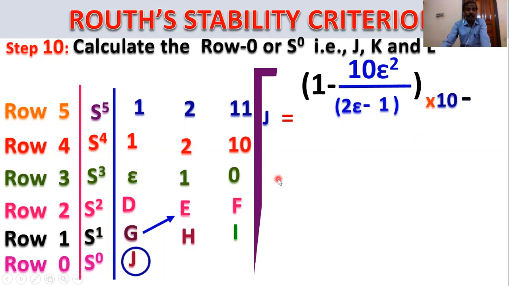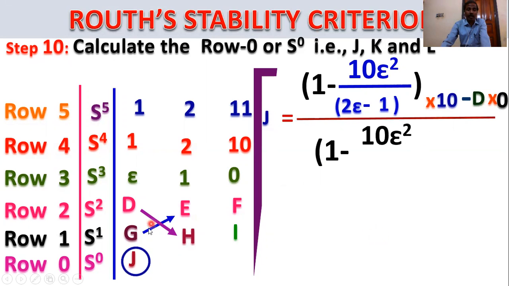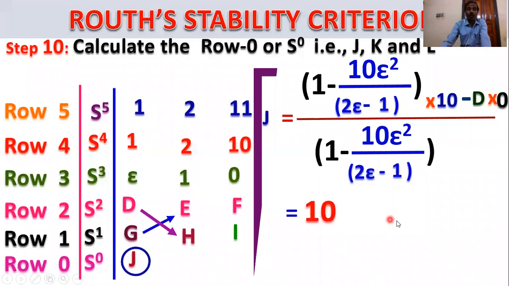And next, minus D into H, where H equals 0, divided by G. G equals 1 minus 10 epsilon square by 2 epsilon minus 1. So in this case, this value cancels, only 10 remains, because this value is also 0. So J equals only 10.